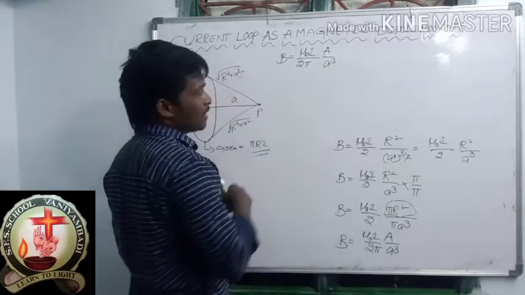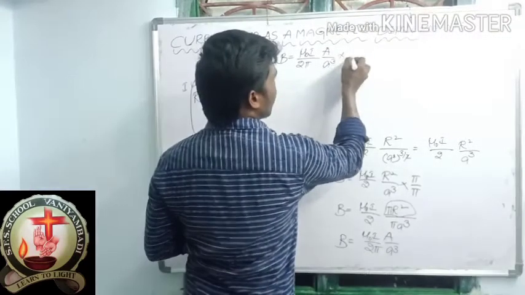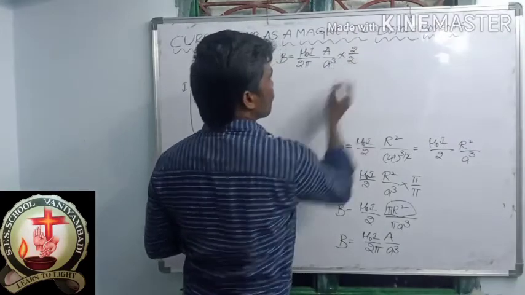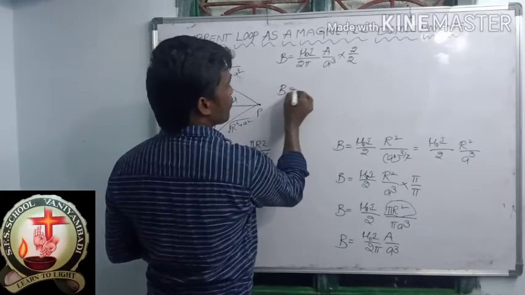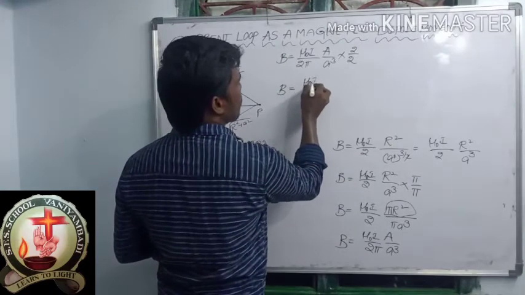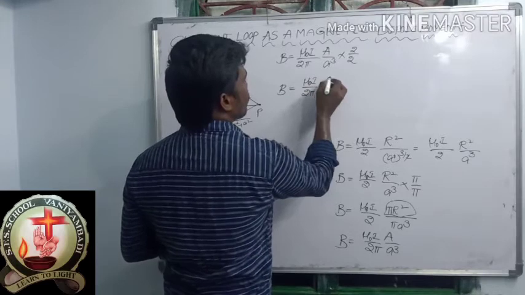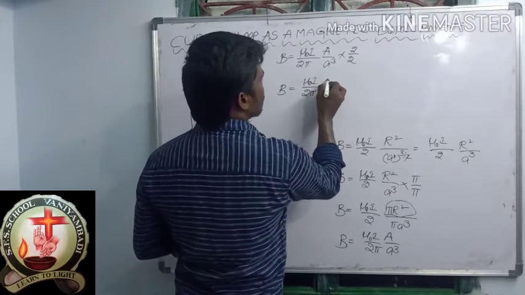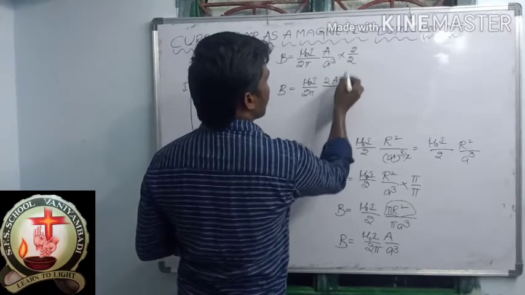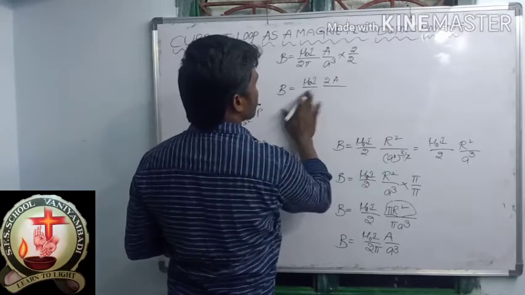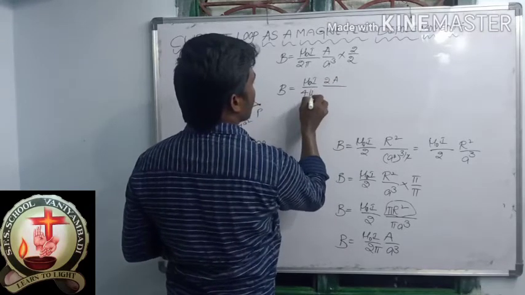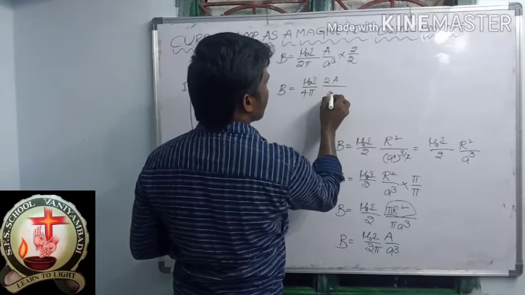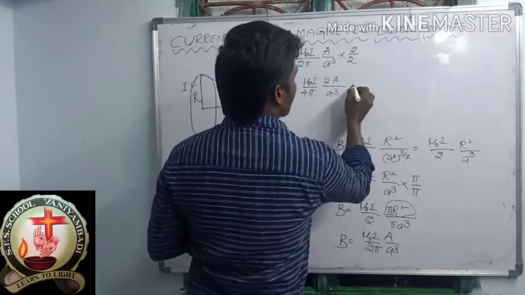Again in this expression I am multiplying by 2 and dividing by 2. So how will it convert? B is equal to mu naught I by 2 pi into 2A by 2 A cube, which gives mu naught by 4 pi into 2 I A by A cube. Call this equation 1.